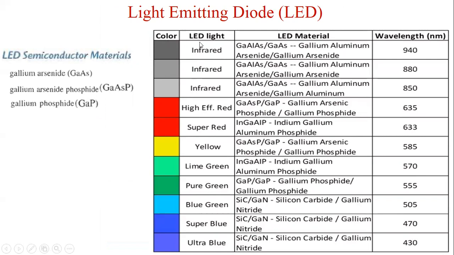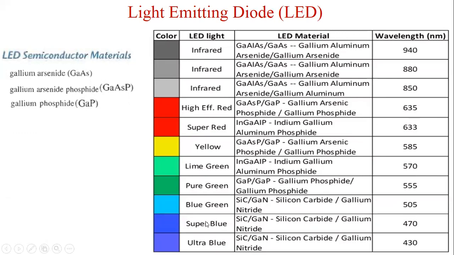Here are the materials that can be used for the different types of light to be emitted. In the case of infrared, gallium, aluminum, and arsenide is the combination of semiconductor material which emits a 940 nanometer wavelength. Then for red, gallium arsenic phosphate semiconductor materials are used to emit a 635 nanometer wavelength.